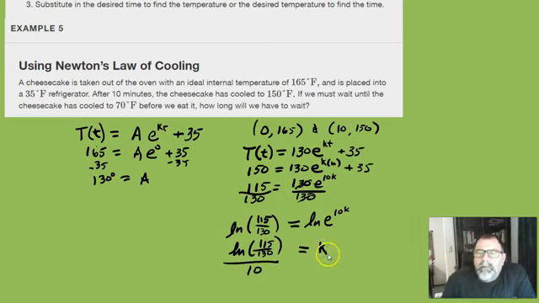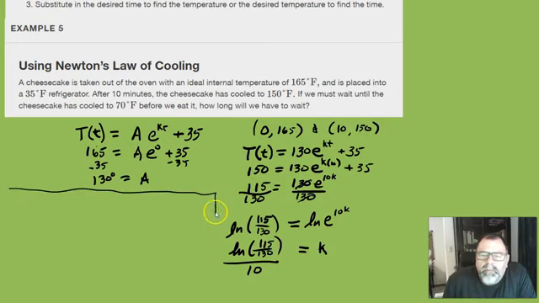Okay, so that's our work to get to k. Now we want to solve for when it's going to be ready. So T of t is A, which is 130, e to that number.